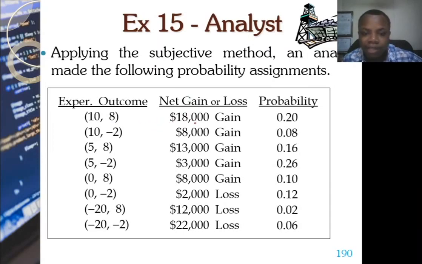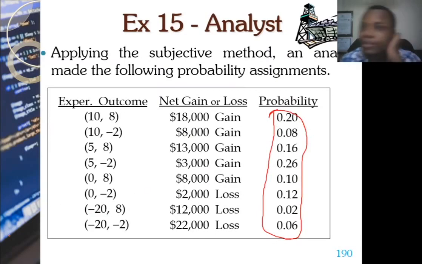If that happens, he's assigning a probability of 0.2. In that same case, if the experimental outcome should be within 10 and -2, they are likely to make a gain of $8,000. Now if it should be negative, they are going to make a loss. And all these are being assigned probabilities. Remember how we estimated our probabilities? So that is how the probabilities are being interpreted.